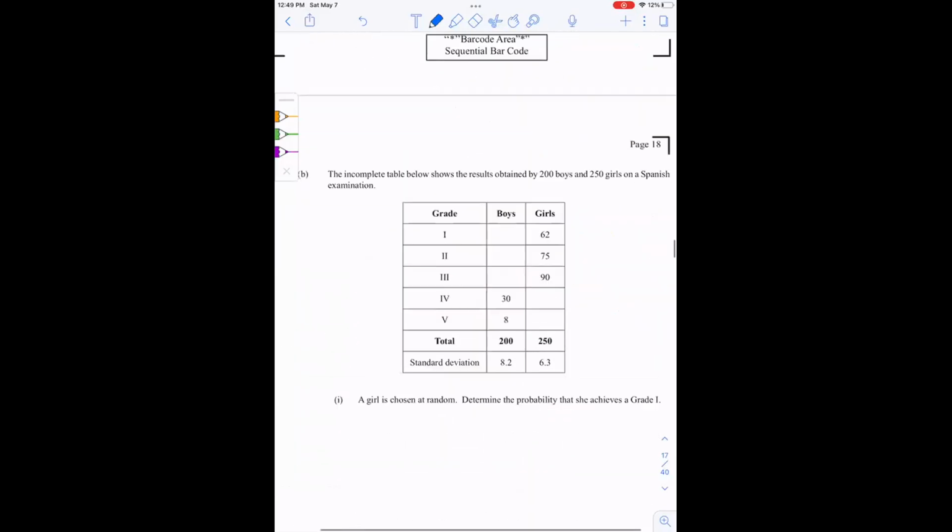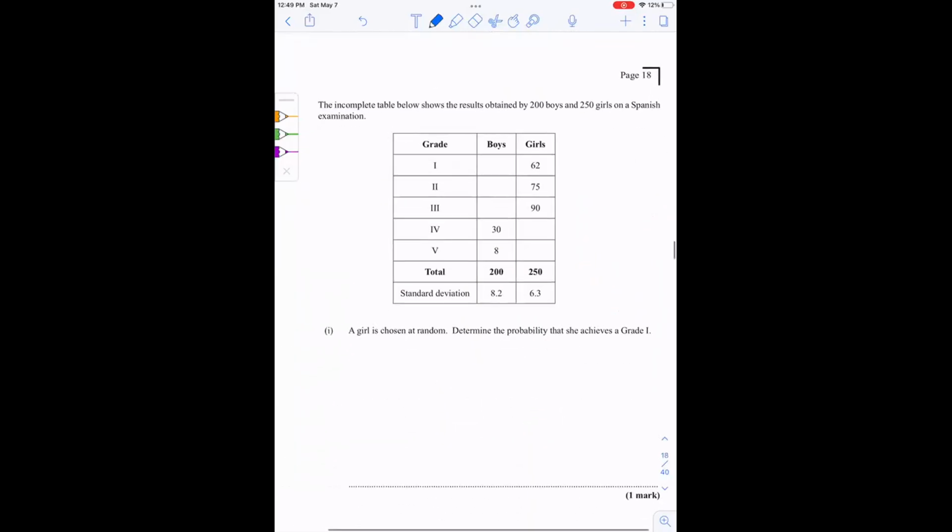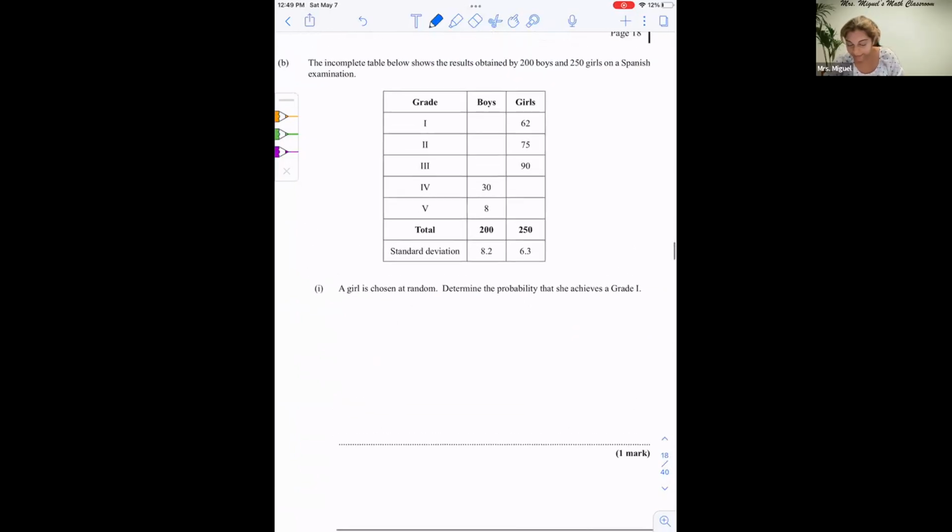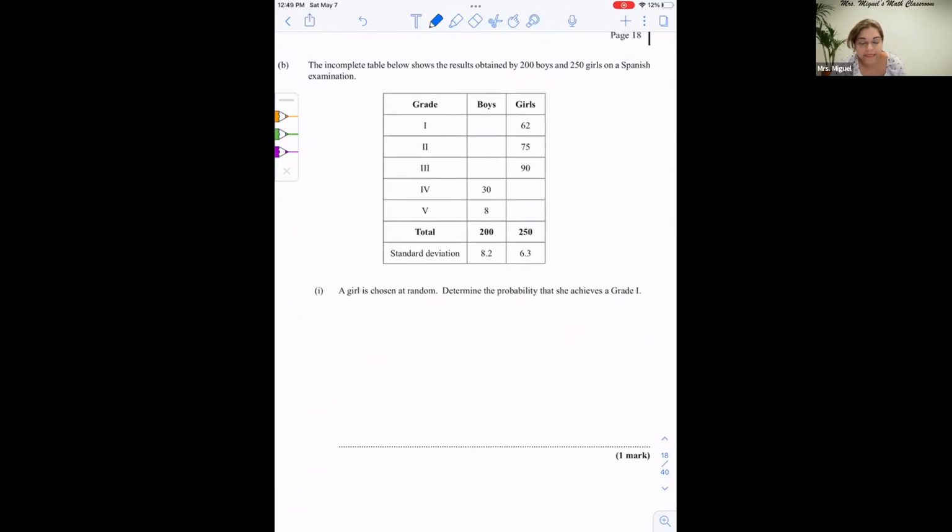No. Right, let's do this one. A girl is chosen at random. Determine the probability that she achieves a grade 1. The number of girls receiving a grade 1 is 62.